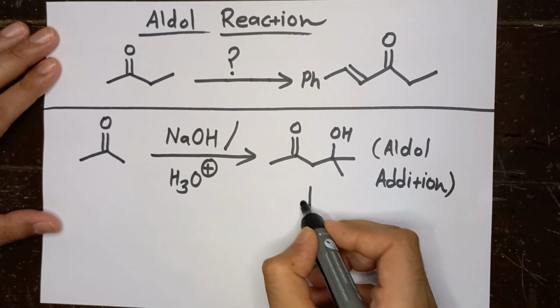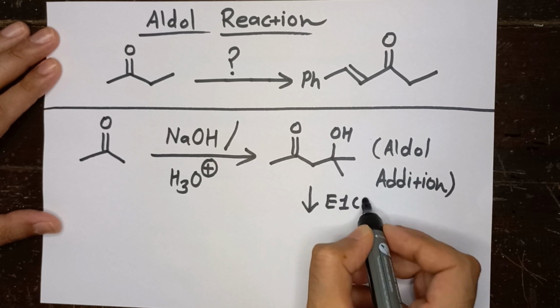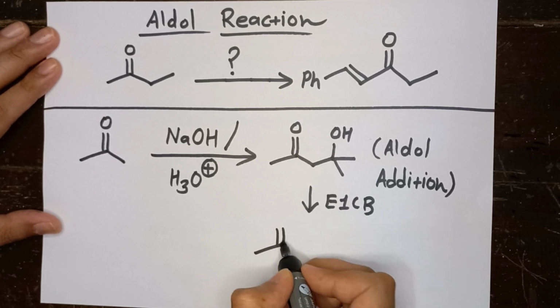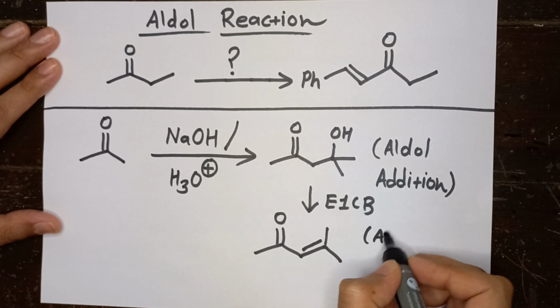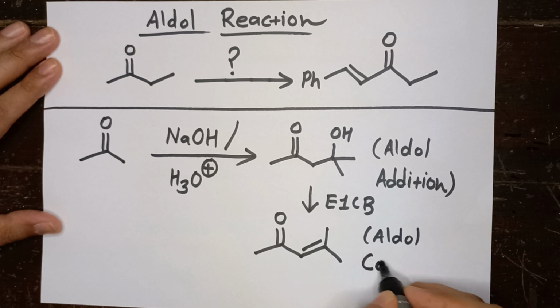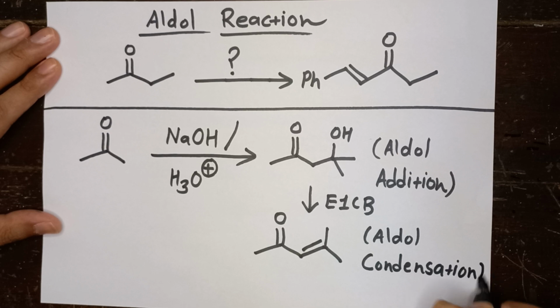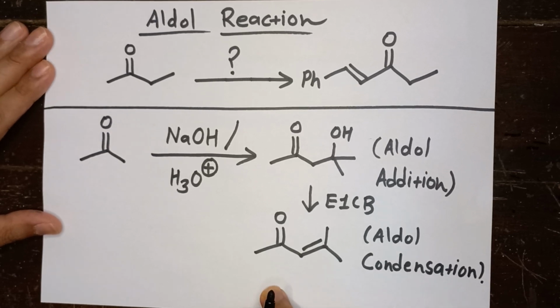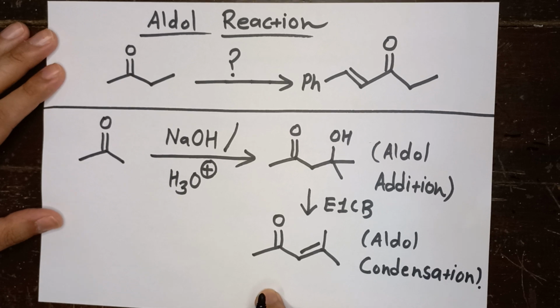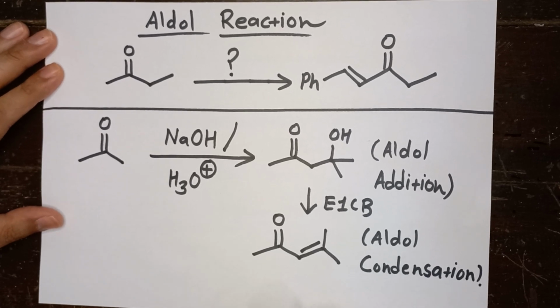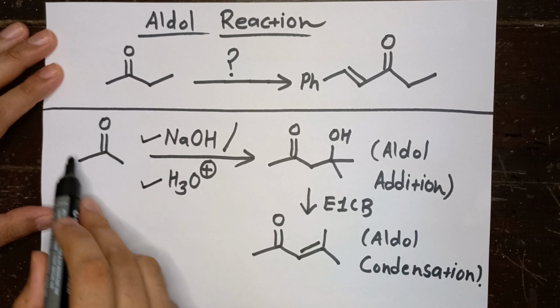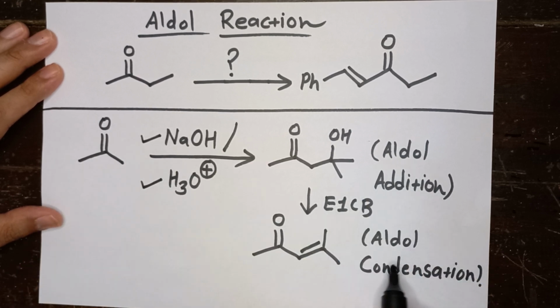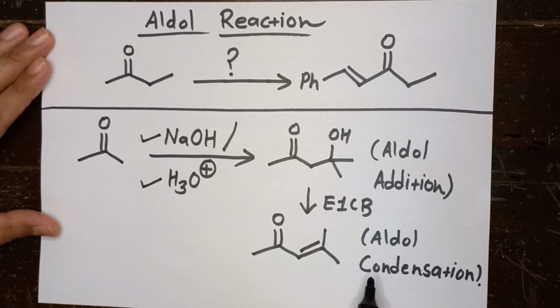This can also give me, through the E1cB reaction mechanism, the aldol condensation product. So now let's go ahead and see the mechanism under basic as well as acidic condition to convert your acetone into the aldol addition product and the aldol condensation product.